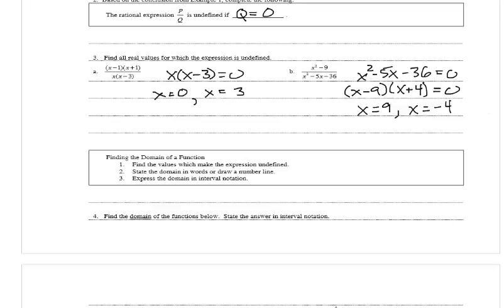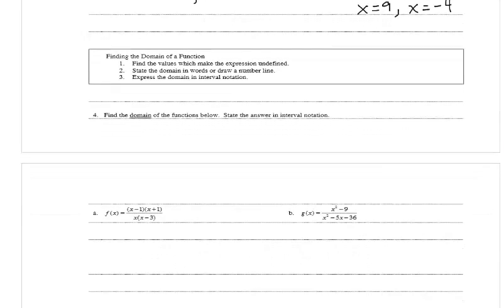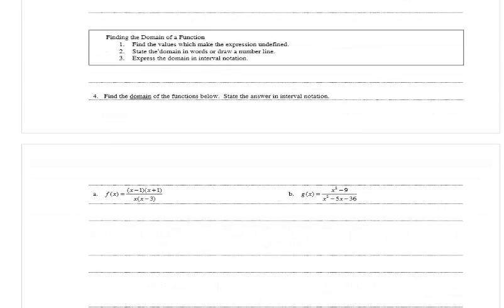So now we want to look at finding the domain of a function. In 1, we want to find the values that make the expression undefined. Then we want to state the domain in words or draw a number line. And then we want to express the domain in interval notation. So 4 says, find the domain of the function below, state the answer in interval notation.